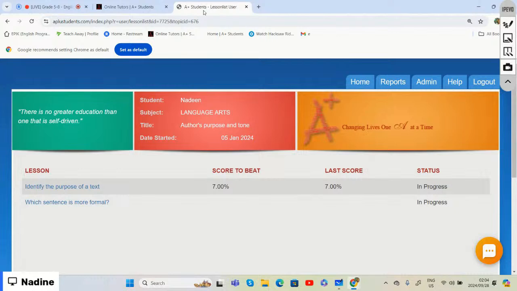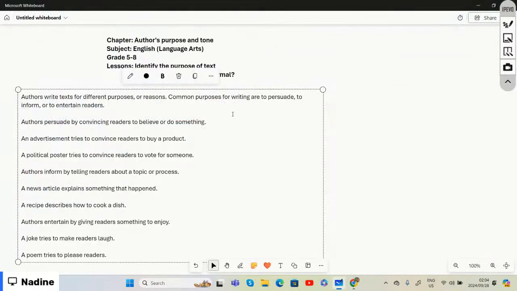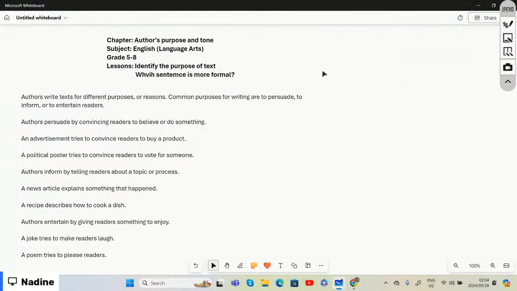So our chapter is author's purpose and tone. Our subject is English language arts.